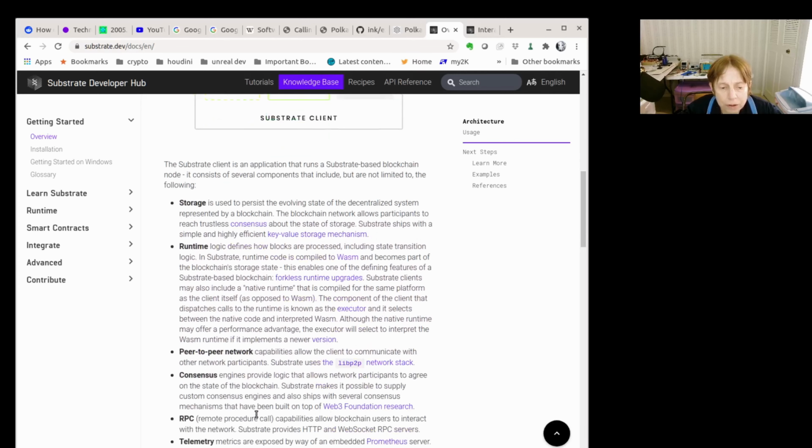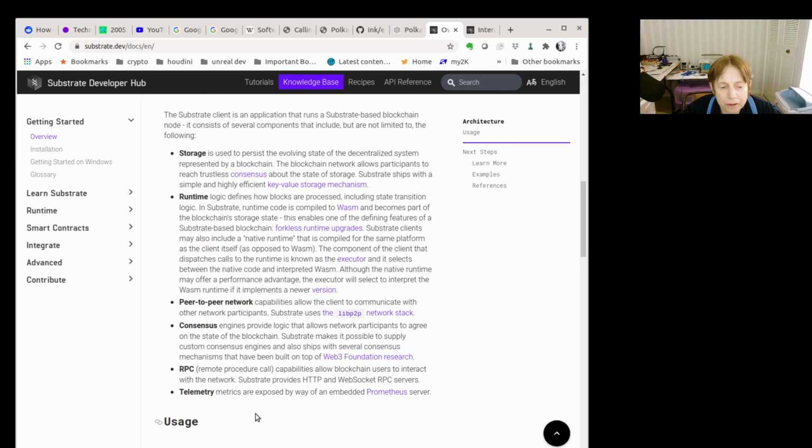and they talk about some of the things that are necessary and part of a Substrate-based blockchain: storage, which obviously you need in any blockchain. The block has to be stored someplace, and that's usually some kind of database, preferably some kind of distributed database.